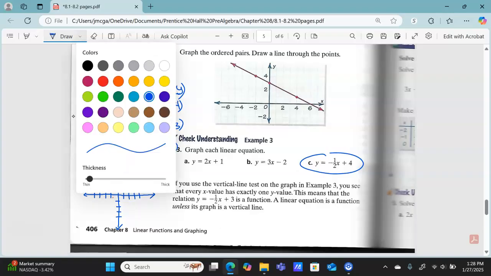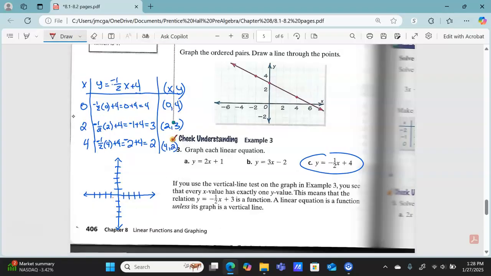And so plotting these points, I have 0, 4. So left and right 0, up 4. Left 2, up 3. Left 4, up 2. And so there's our line right there. Now, I want to point some things out here.